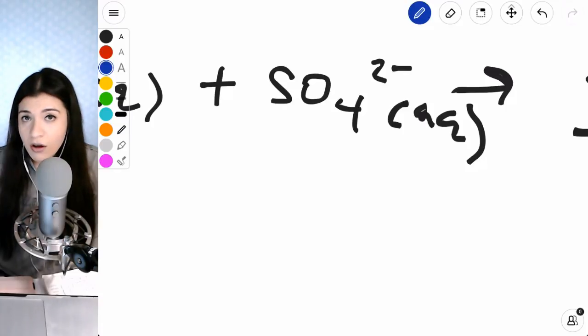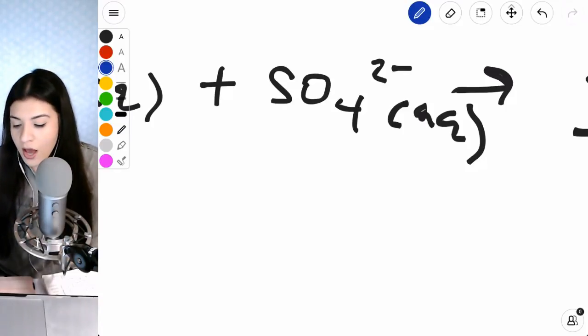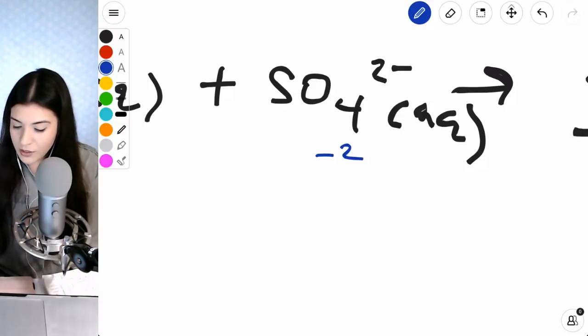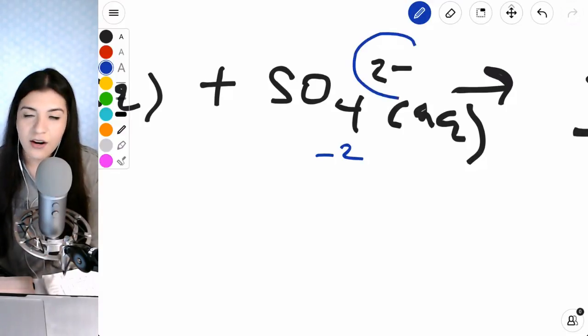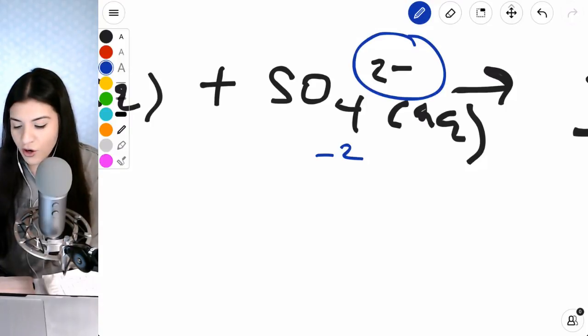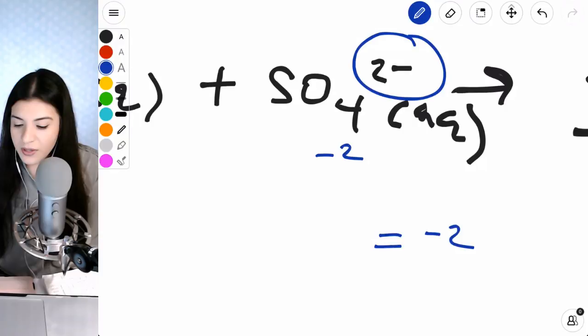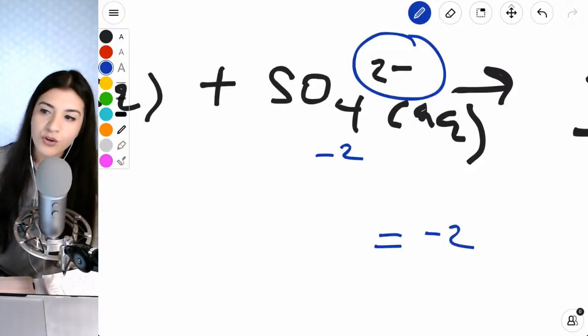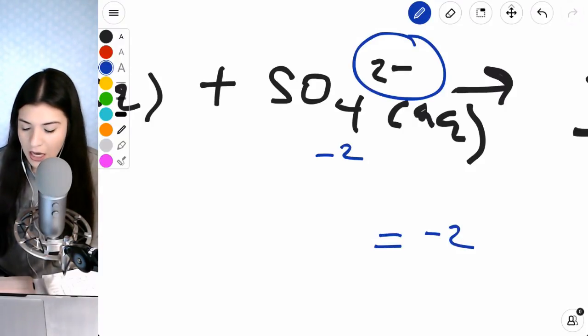We know oxygen's oxidation number is always, or typically, -2. And then, because this entire compound has a charge, I'm going to set all the oxidation numbers equal to that charge, because we have to figure out what sulfur's oxidation number is.